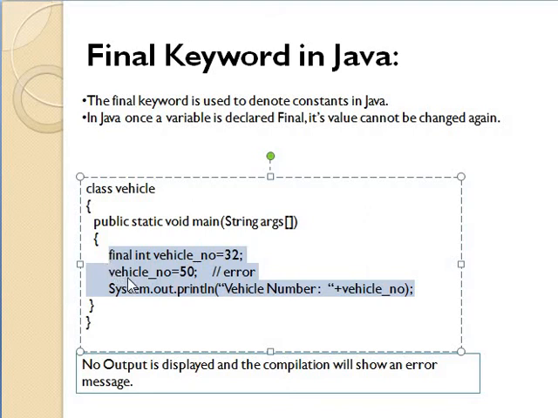Now come to the next Java statement. This Java statement says vehicle no is equal to 50. Now what's happening in this statement is that I have tried to assign a new value called 50 into the variable called vehicle no, replacing the old value which is 32.